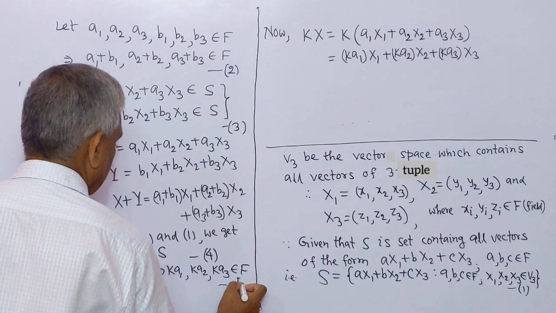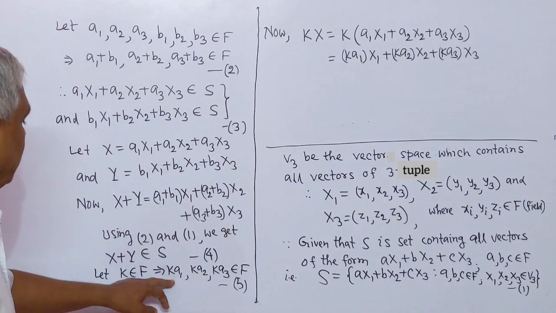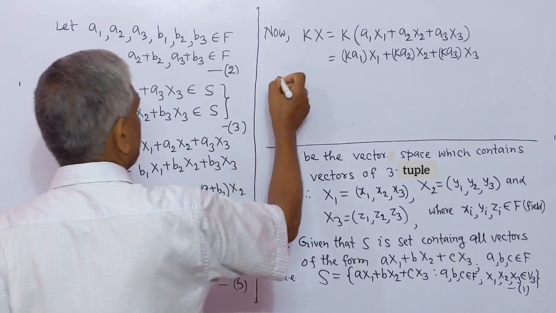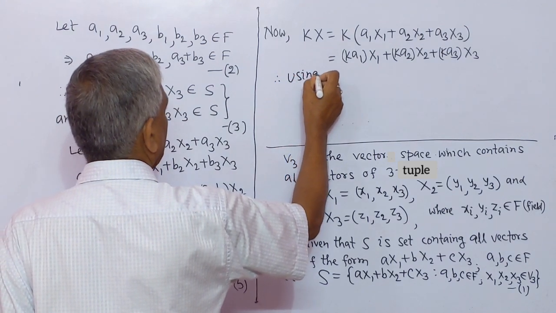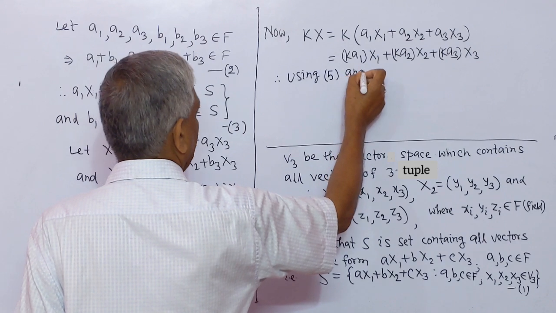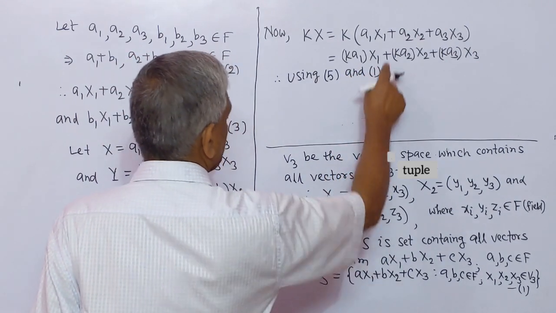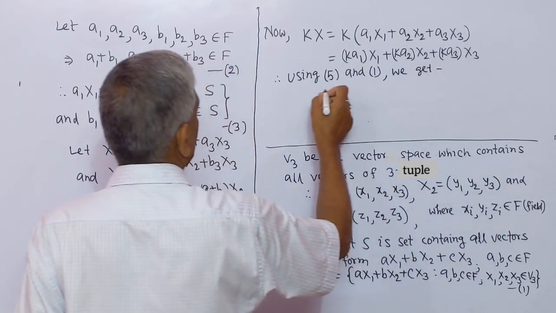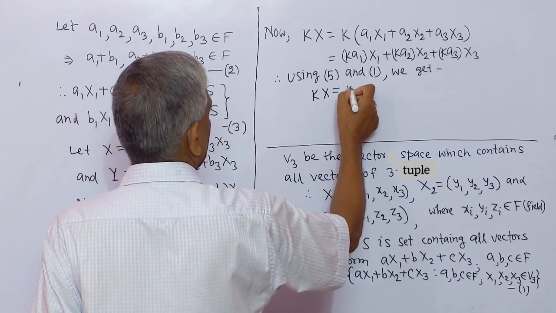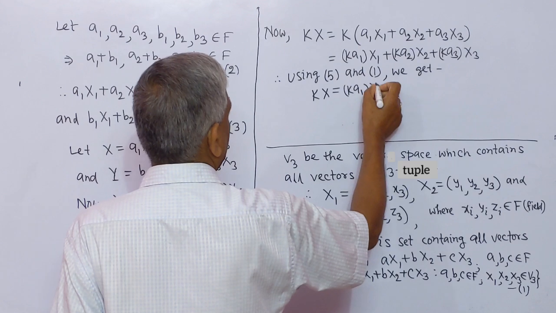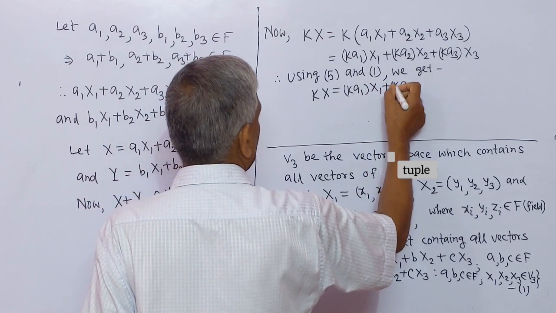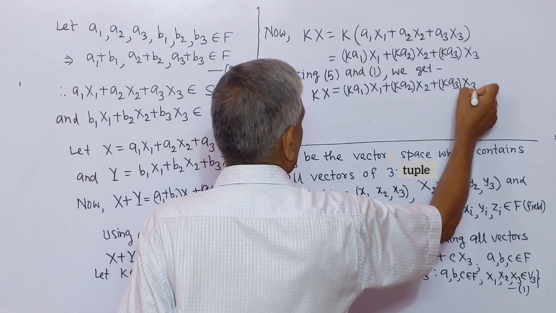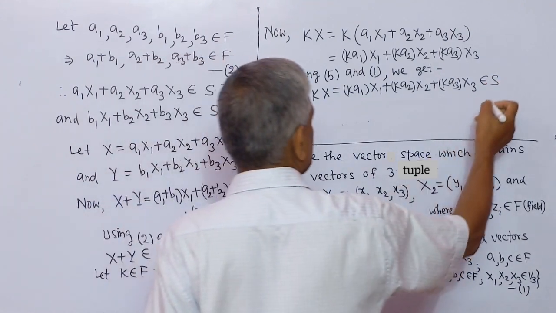Let this be number 5. Here we see that KA1, KA2, KA3 belongs to field F. Therefore, using 5 and 1, this is of this form, we get Kx equal to KA1 x1 plus KA2 x2 plus KA3 x3 belongs to S. This is number 6.